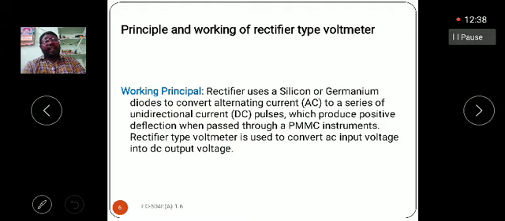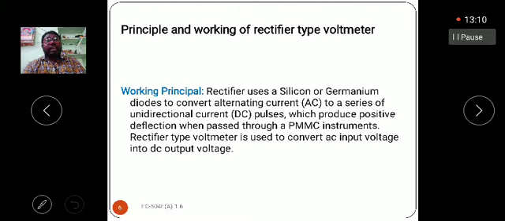The rectifiers use silicon or germanium diodes to convert alternating current, that is the AC, to a series of unidirectional current pulses, that is DC pulses, which produce a positive deflection when passed through a PMMC instrument. The rectifier type voltmeter is used to convert the AC input voltage into DC output voltage.